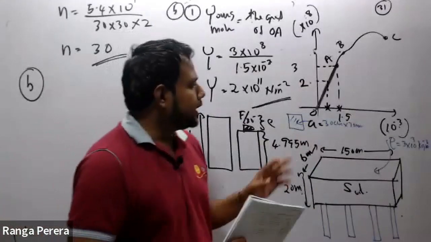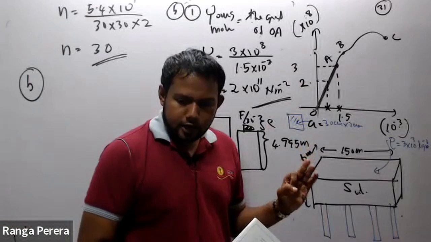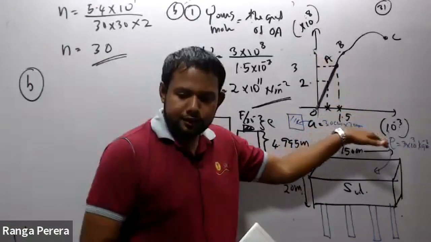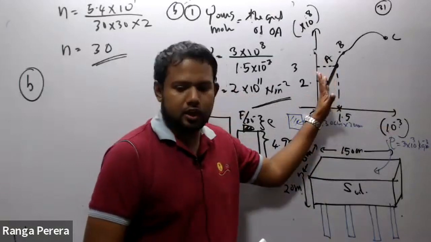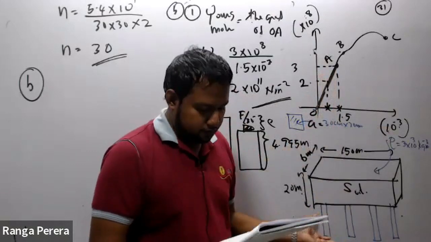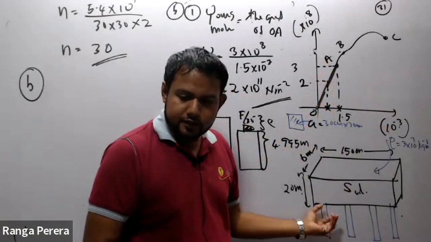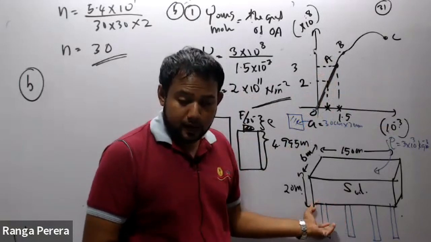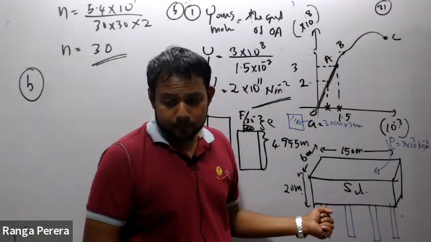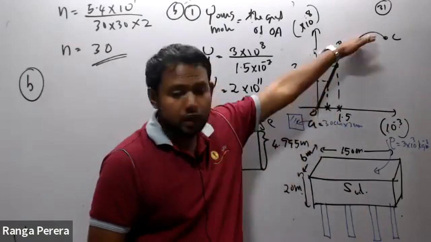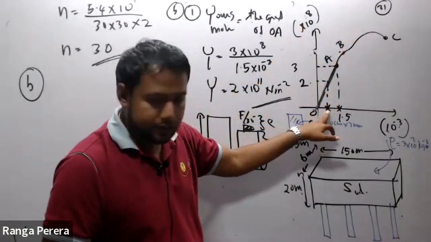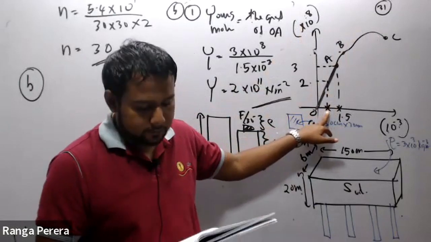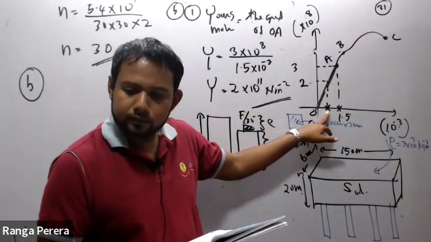For a material like this, I told you the stress versus strain graph is a unique graph. For copper it is unique, and here they mentioned this is steel. Based on a material like steel, they prepare the columns. So for steel, this is a unique graph. When it is 2 × 10 to the power 8, what is the strain value here?